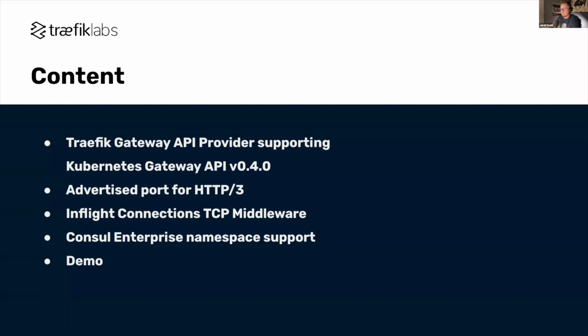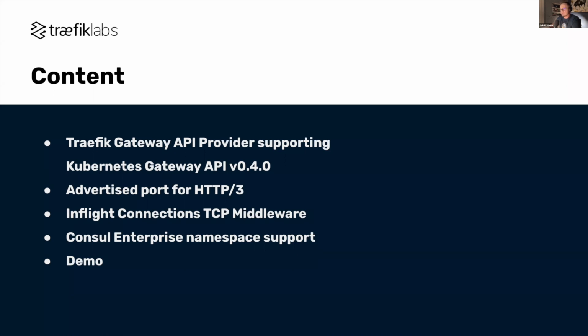The first topic we are going to discuss is the Traefik Gateway API provider, and in version 2.6 we added support for Kubernetes Gateway API 0.4.0. There are a lot of changes, and we will go through what is new.